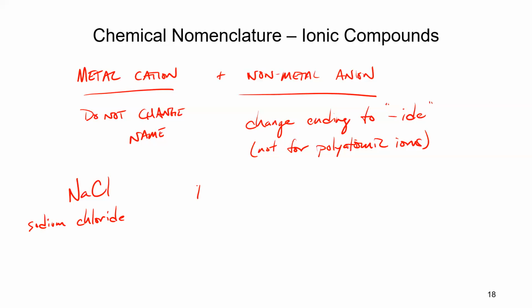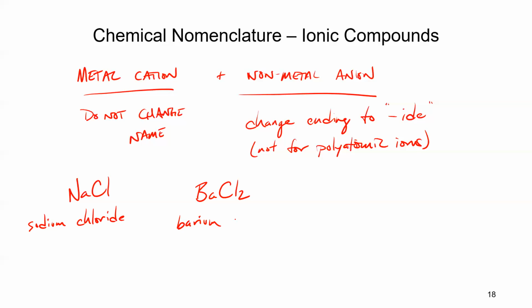What would be the name for BaCl2? Who knows your element names enough? What's Ba? Barium. Barium, absolutely, barium. And then Cl2, is that different from Cl? No, it would still be barium chloride.